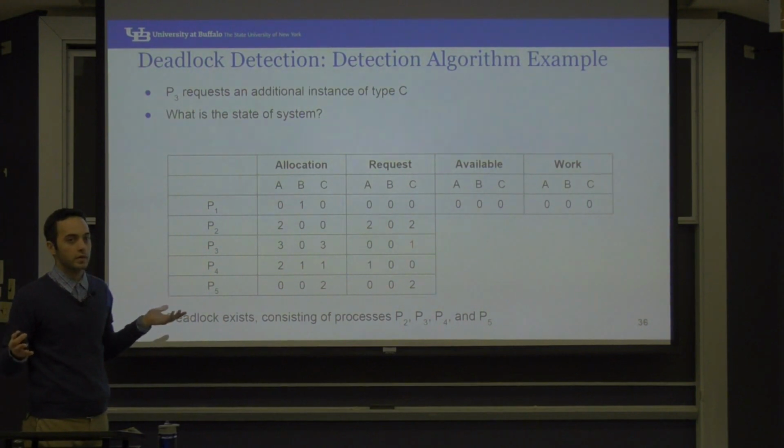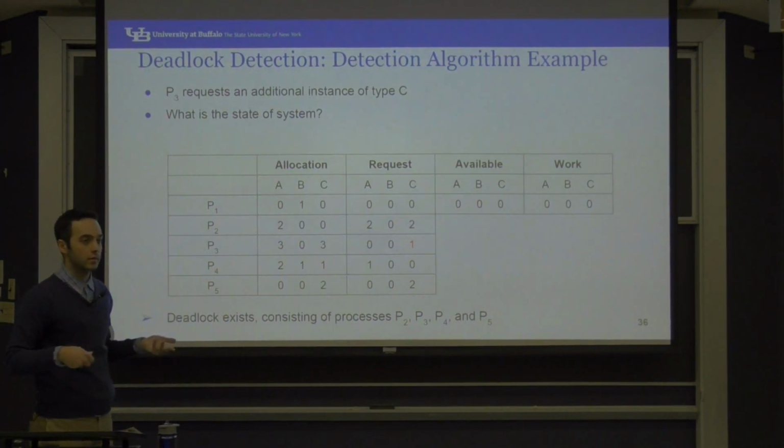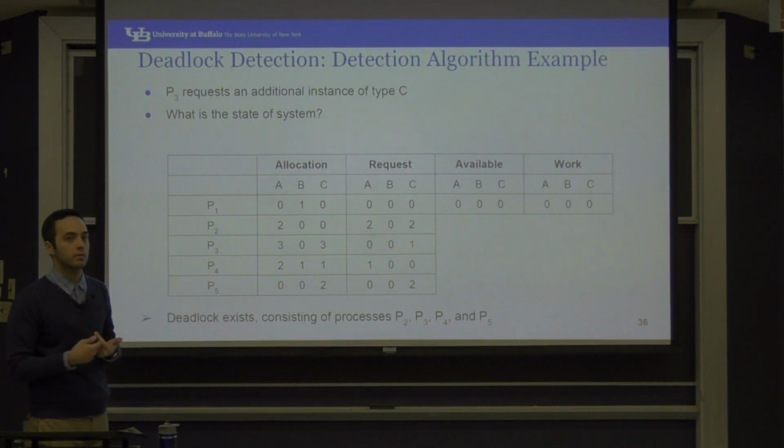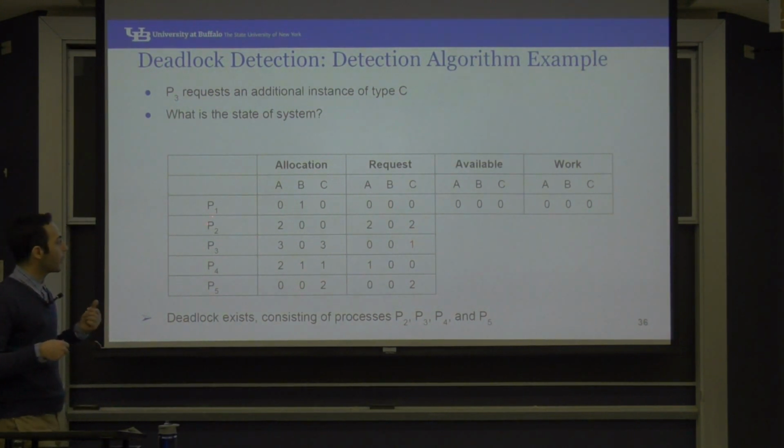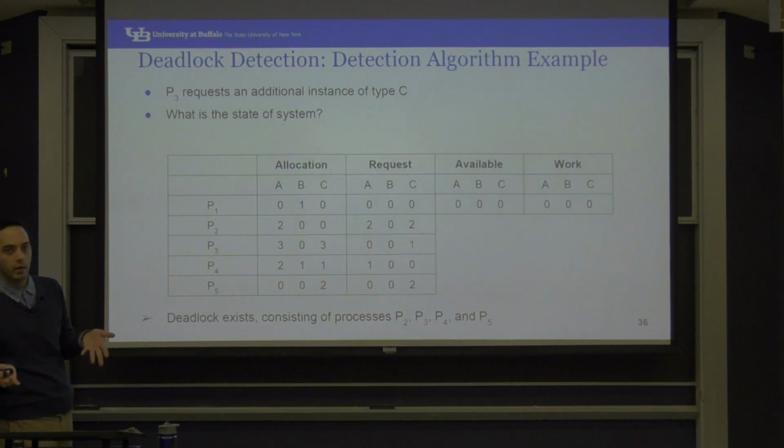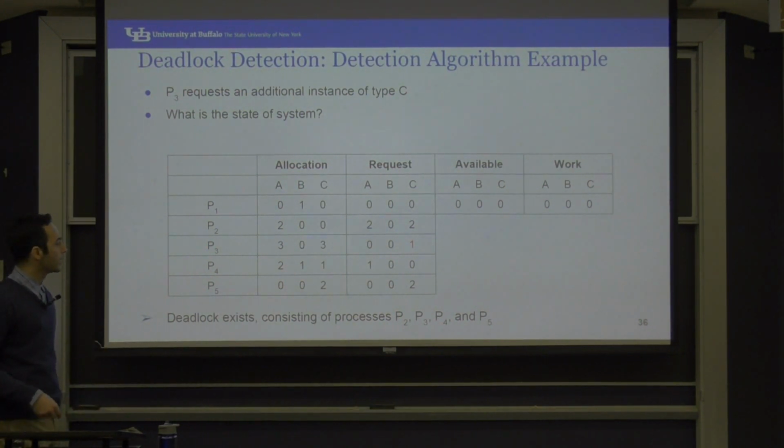So all the other processes that are waiting or making these requests will be in a deadlock. So P1 will finish, but P2, P3, P4, and P5 all will be waiting because they're requesting some resources that are not available and none of them are releasing them, so they will be in the deadlock, right?